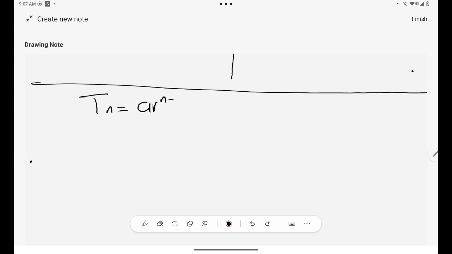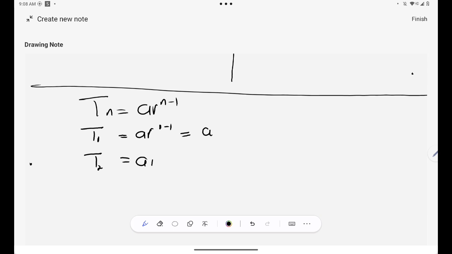We know that this will give us all the terms of a geometric sequence. If you want T1, whenever we see n, we must substitute 1. We'll have 1 minus 1, and we'll have the exponent of 0. So r to the power 0 is just 1. So T1 is equal to A.